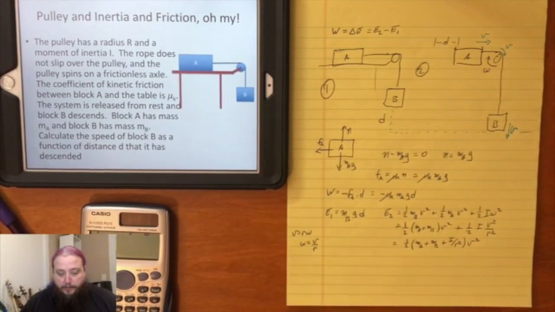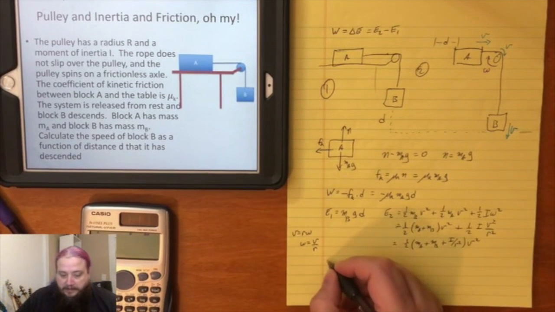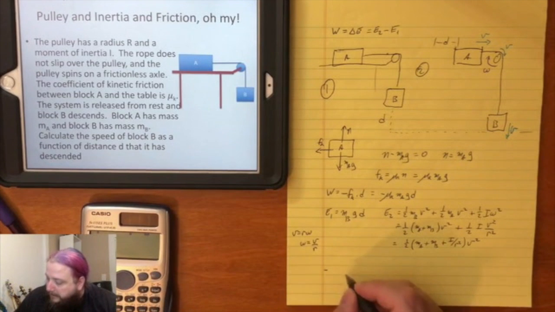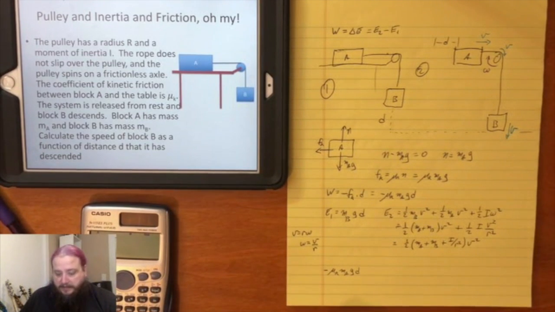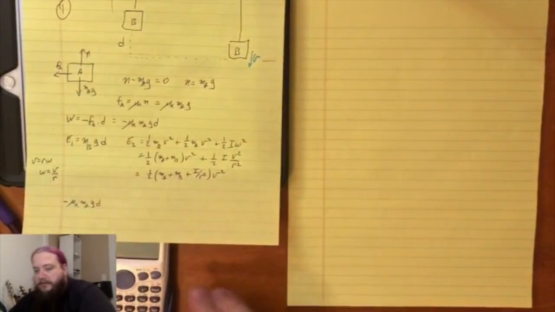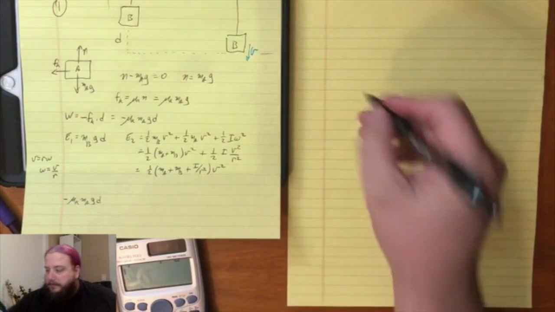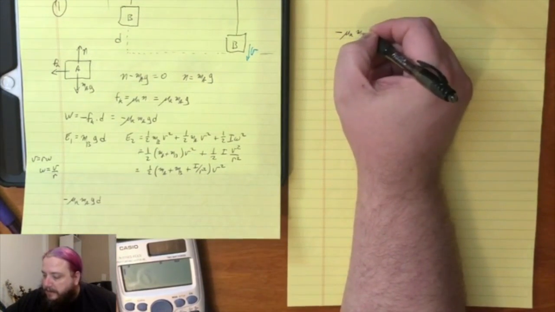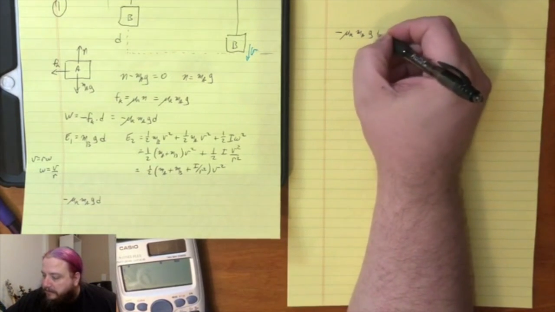We can go back to our work energy equation and say that the work is minus mu k times MA times g times d.